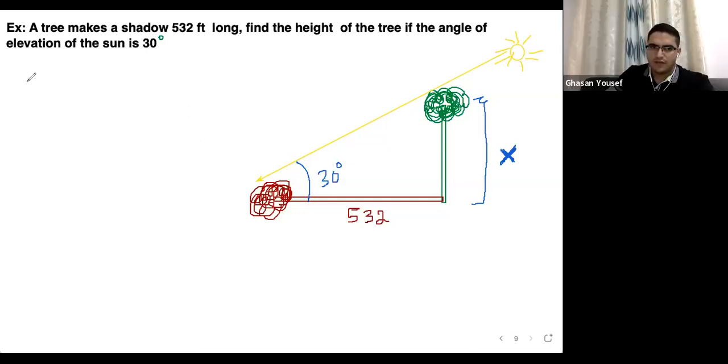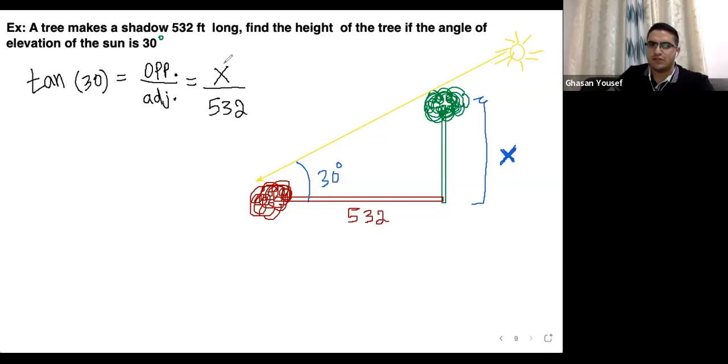The tangent of theta, what is that equal? The opposite over the adjacent. The opposite is x. Adjacent. So this is equal to x over what? 532.